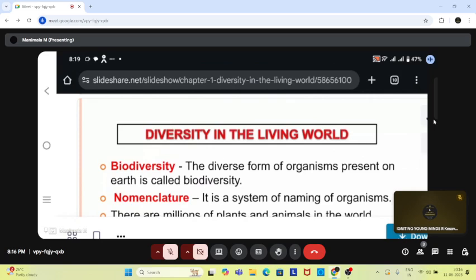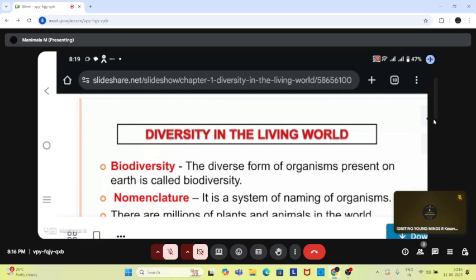Some organisms we can see with our naked eye, but some organisms we cannot see with the naked eye. They are present around us, but we cannot see them. Those organisms are called microorganisms.